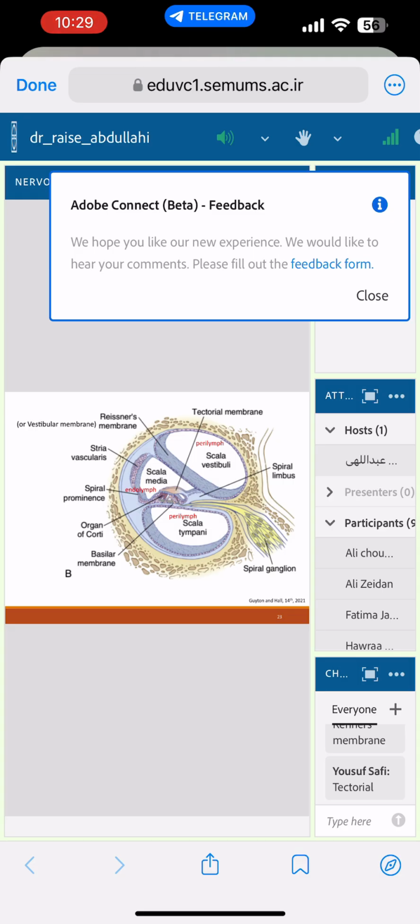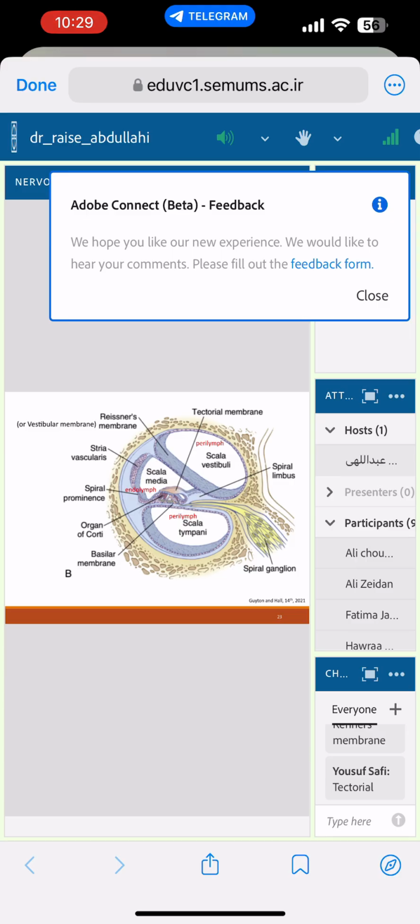This part of organ of Corti is called tectorial membrane, and as you can see, these are hair cells, and these are the hairs. Hairs are projected from hair cells to the tectorial membrane.